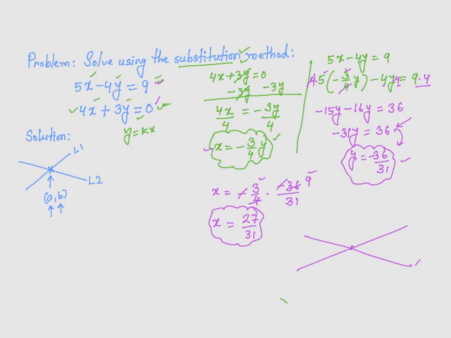Now this point of intersection is the x comma y, which is 27 over 31 comma negative 36 over 31, and that's what it is. So in essence, we found the point of intersection for the given system of linear equations. That's what it means to find the solution for this system.